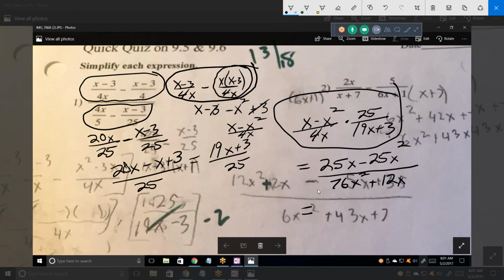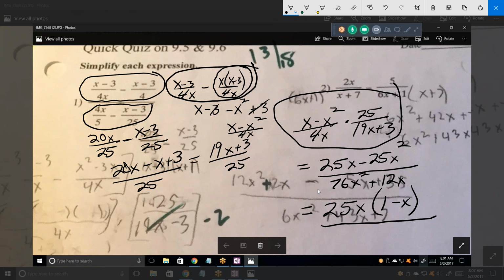So I know I can divide everything by x and reduce that. But let's do it properly. We're going to take out the greatest common factor out of the numerator, and that's going to leave 1 minus x, correct? Yeah. Okay.